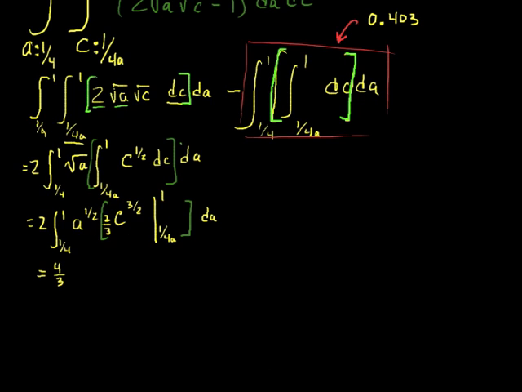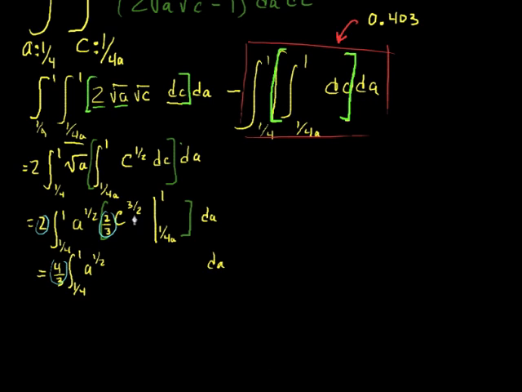That's just taking 2/3 times 2 is 4/3, and we're still patiently waiting to integrate with respect to a. We have a to the 1/2. Let's keep our dA out here just to be mathematically precise.